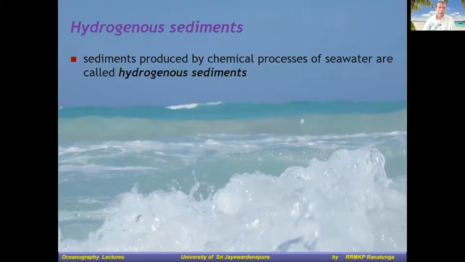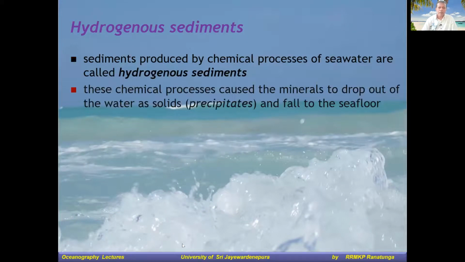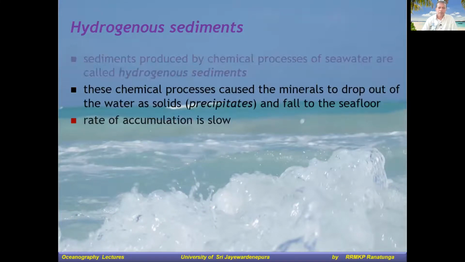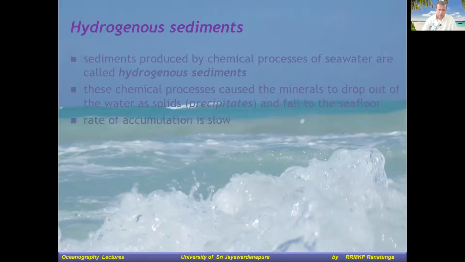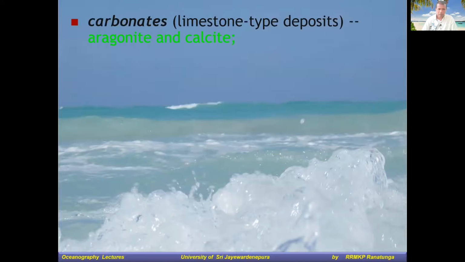So the third type of sediments are the hydrogenous sediments. That's sediments derived from deposition from the seawater itself. So we call it precipitation from the sea. Some of the examples are the carbonates, as you have seen from that video.